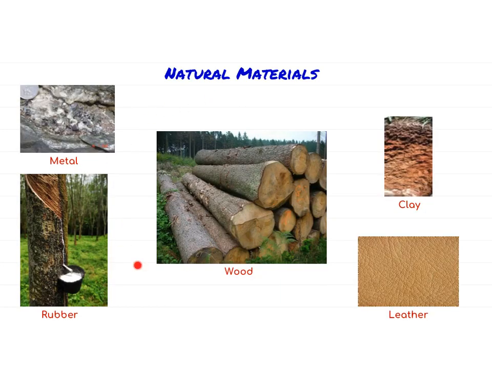So here are some examples of natural materials. The clay looks as if it's a kind of soil. The leather has an animal origin. The wood, the rubber is extracted from a special kind of tree, and the metal is mainly extracted from certain kinds of rocks.